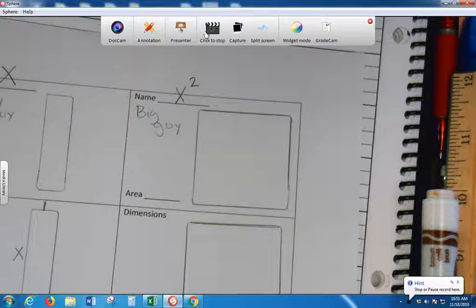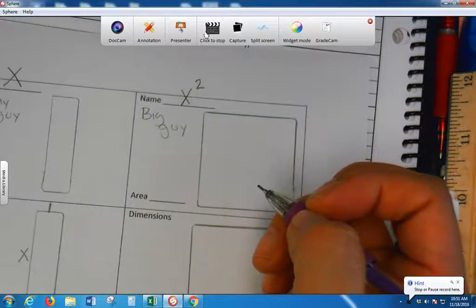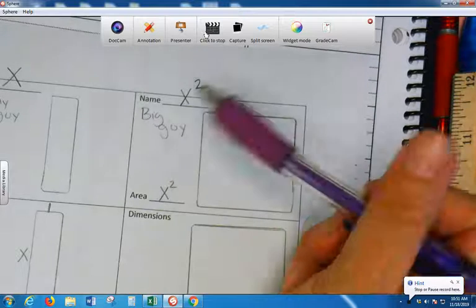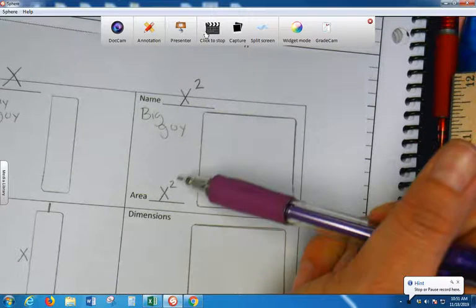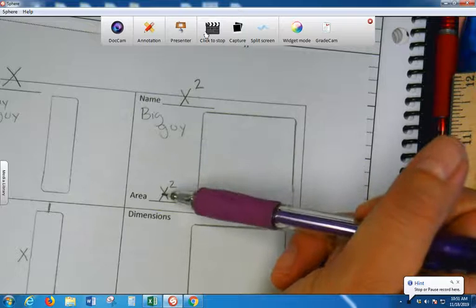Matthew, can you stop playing and write this down? Alright, the area is x squared. Whatever the name is, the area. The name comes from the area. Okay?